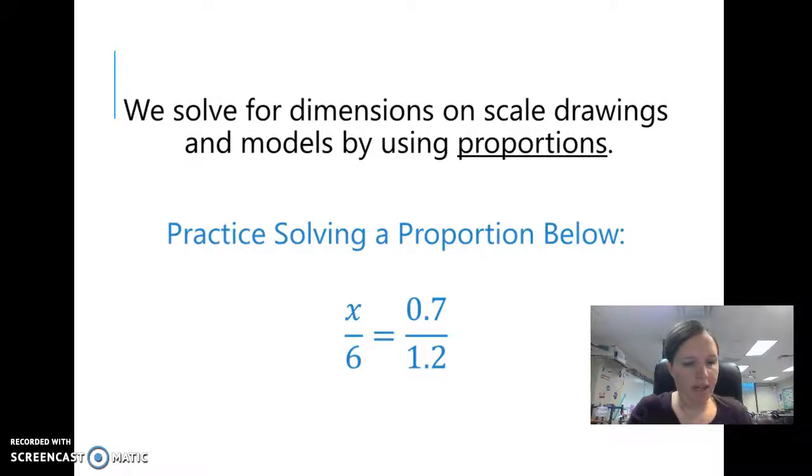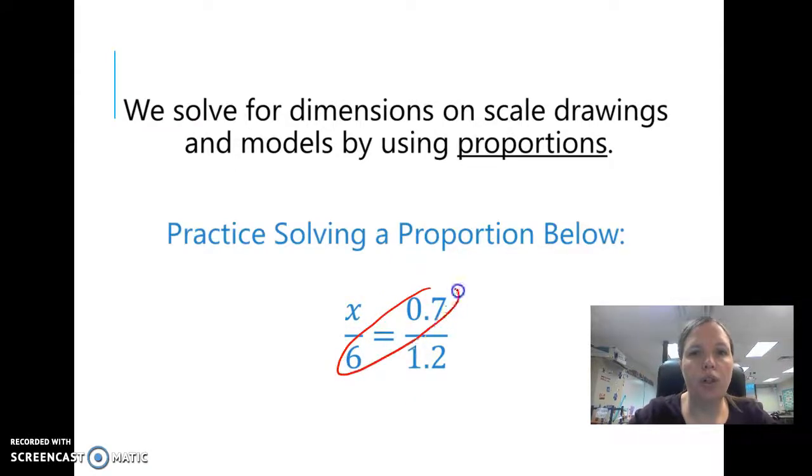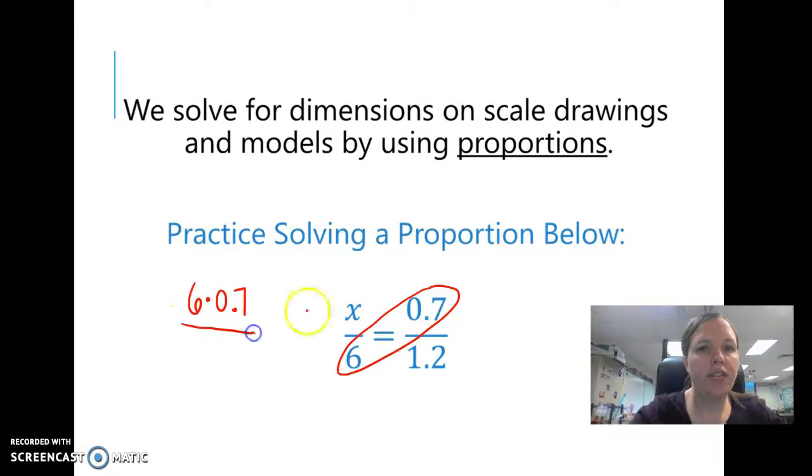So I'm getting my calculator ready to go because we're going to review solving proportions. And to solve a proportion, if you remember, we have the proportion here. You're going to cross multiply. We're going to take 6 times 0.7, and then we're going to take that answer and divide it by the number here.